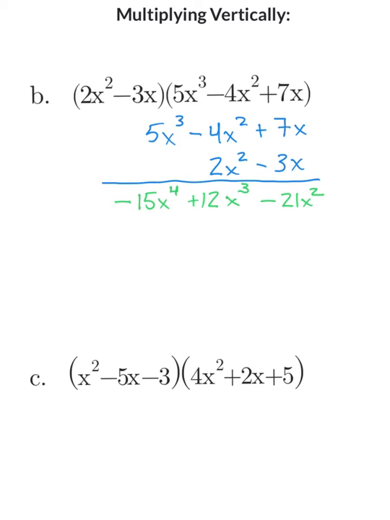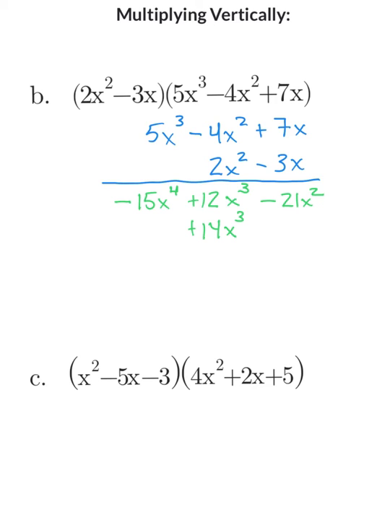So now we go on to our second round, and I want to multiply everything on top by 2x squared. So we get 2x squared times 7x is going to be plus 14x cubed. And again, I want to line up my x cubes with my x cubes to make the next step easier.